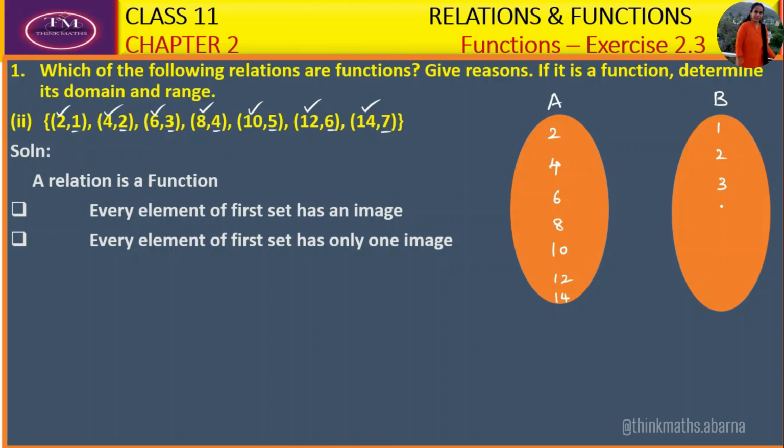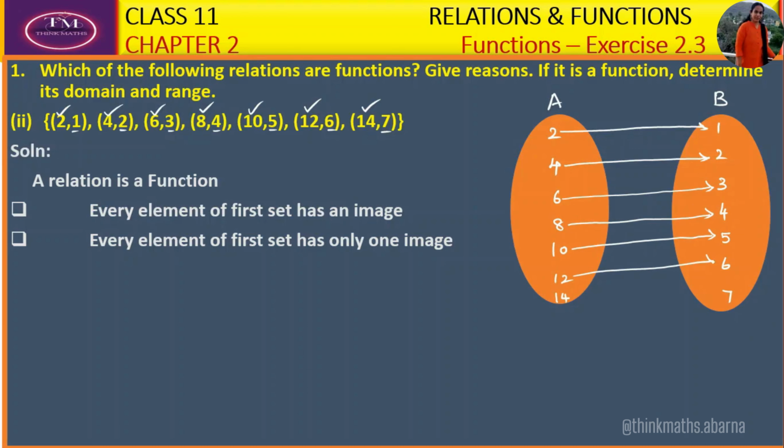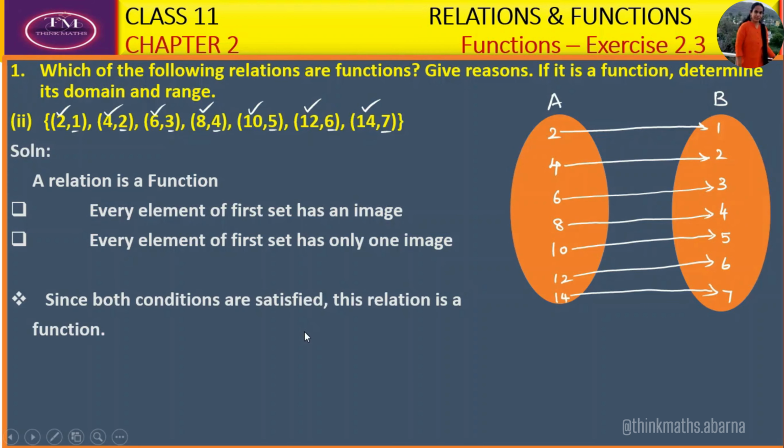Now we map 2 to 1, 4 to 2, 6 to 3, 8 to 4, 10 to 5, 12 to 6, 14 to 7. So every element has an image and only one image, only one line goes to B. Both conditions are satisfied, so this relation is a function.